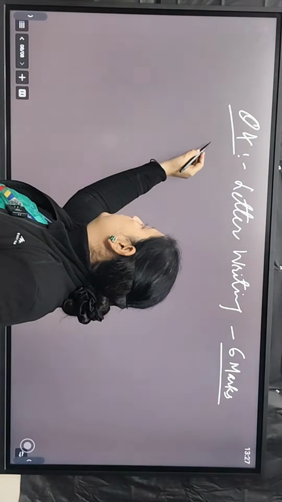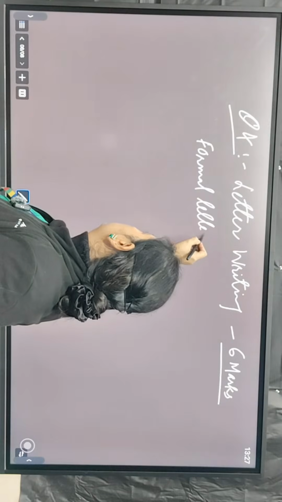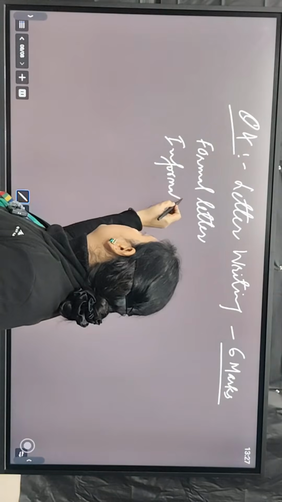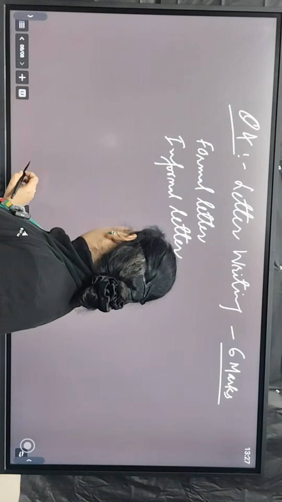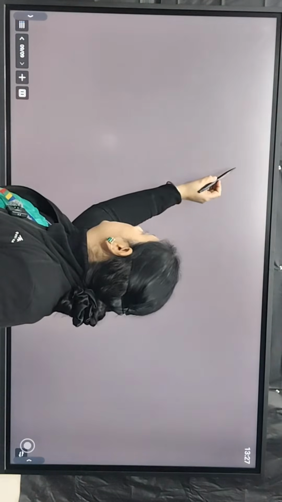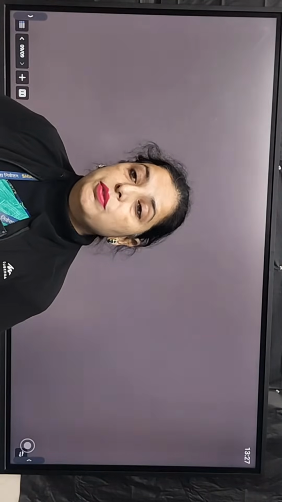Again, we have two types of letter. One is formal letter and second is informal letter. Format must be correct. You will get marks for proper format. Format पे proper ध्यान दें बेटे.